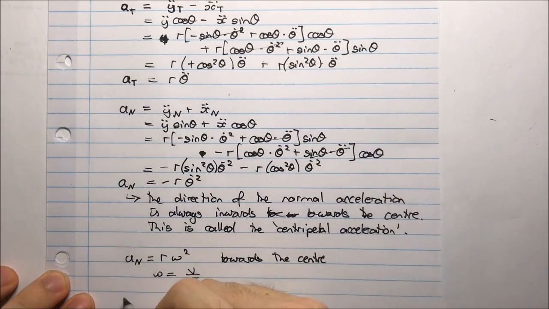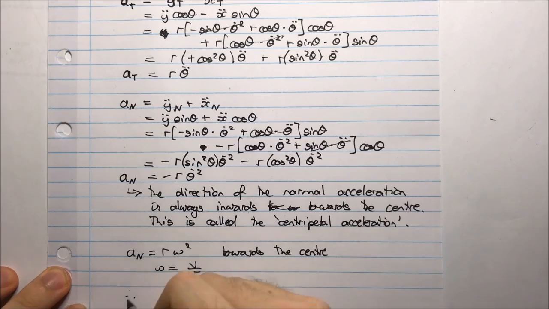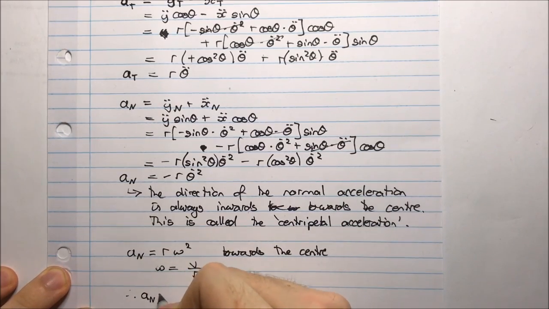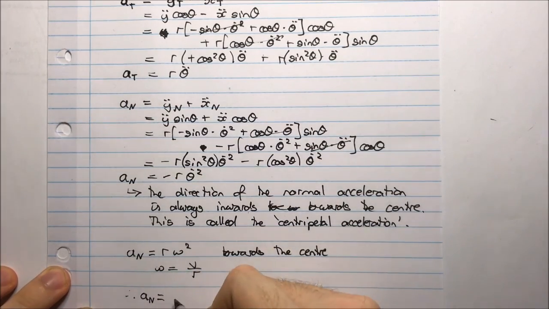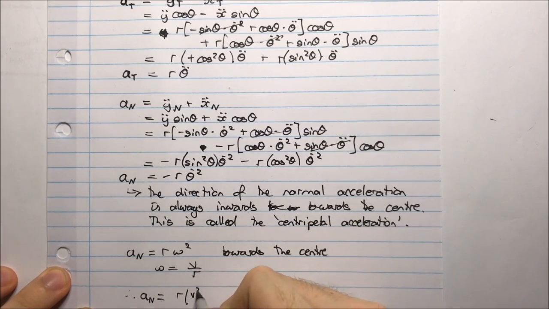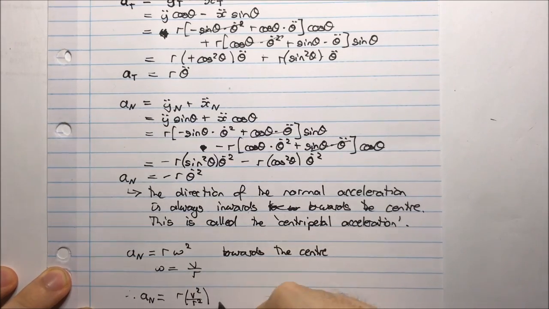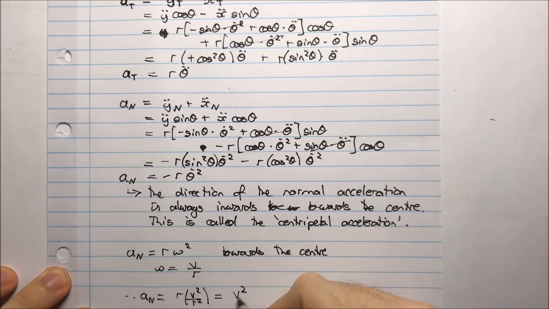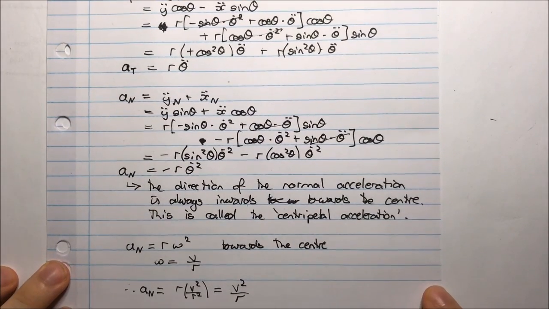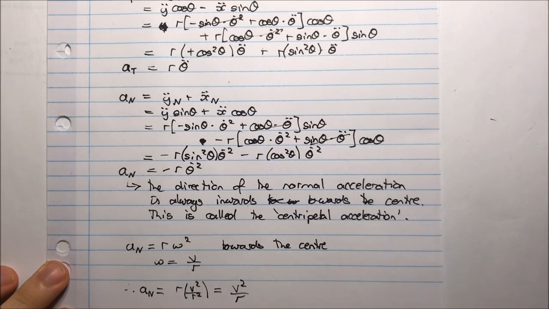So therefore I can say that my normal acceleration is going to be equal to r times v squared on r squared, which is v squared on r. And if you are studying physics in your senior years, then you will probably have come across this expression for centripetal acceleration.